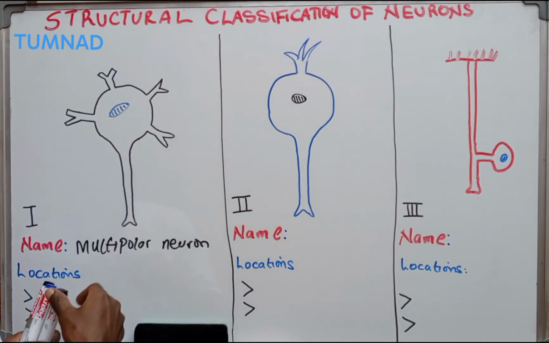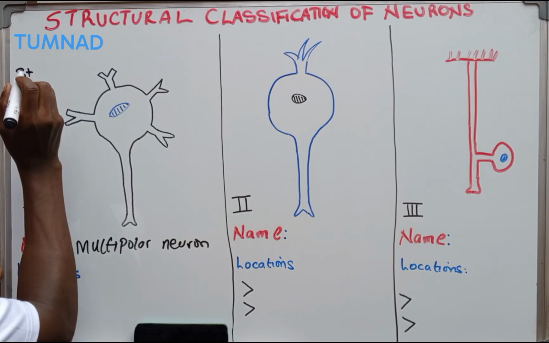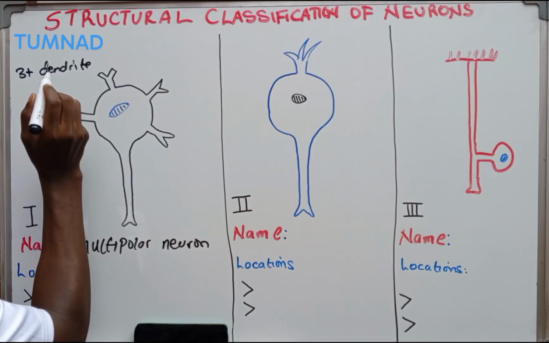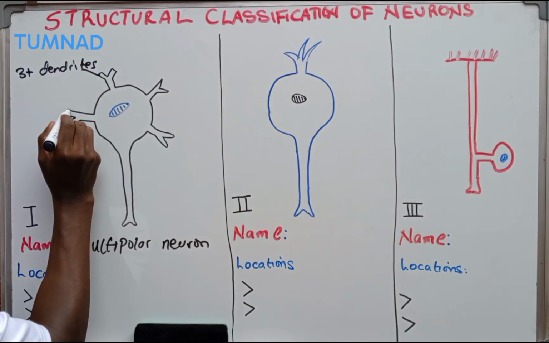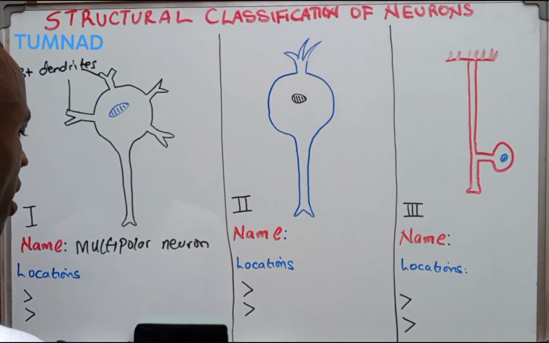The fact that it has 3 or more dendrites, in these structures here, qualifies it to be what we call a multipolar neuron.